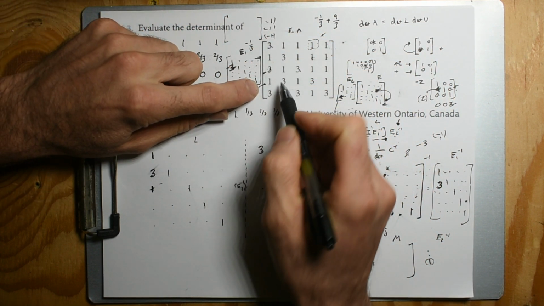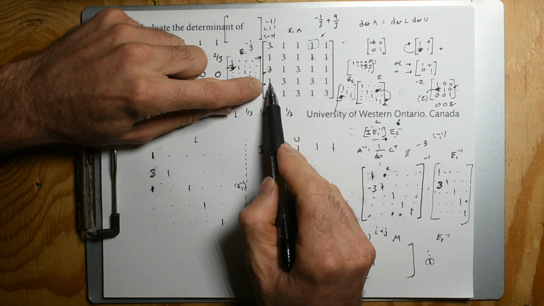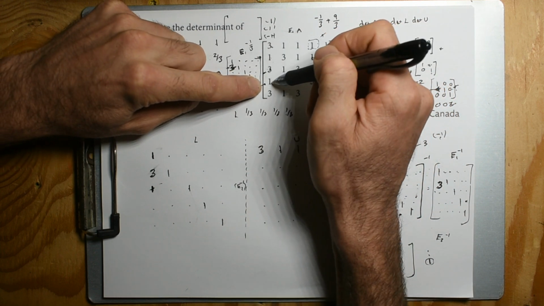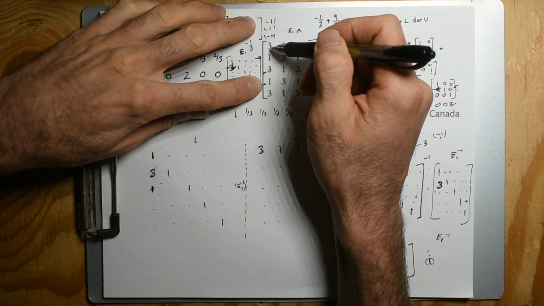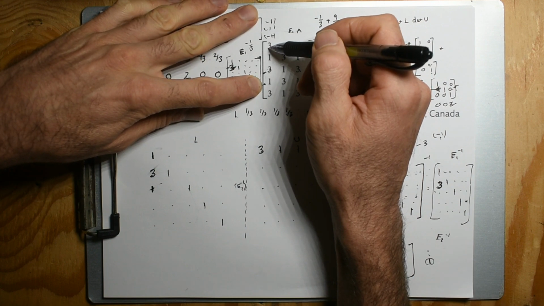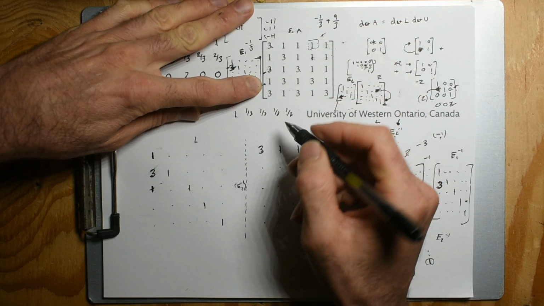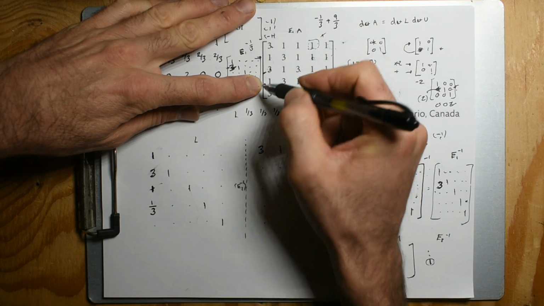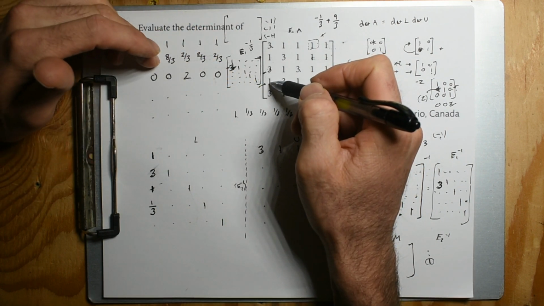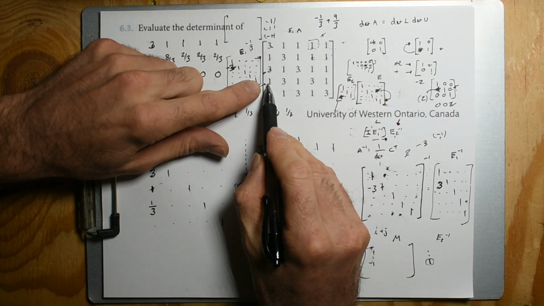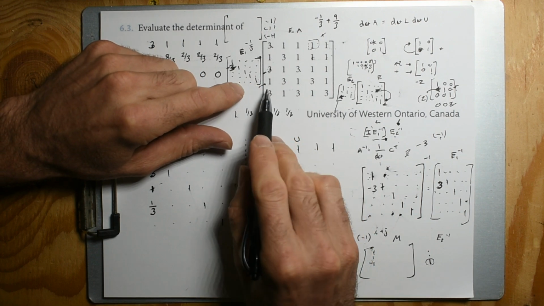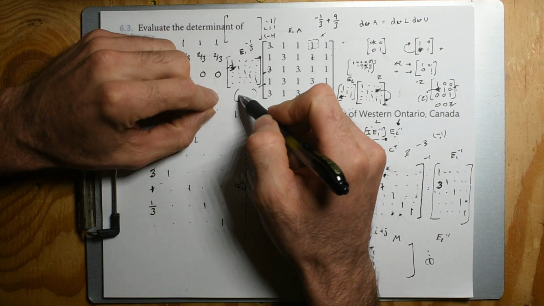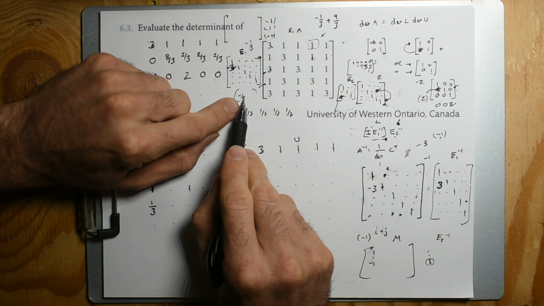Now this one, we want to know what to multiply. We have to multiply the top by a negative 1/3. And then the lower, there's going to be a positive 1/3 here. The elementary row operation is to do this and have a negative 1/3 in that starred position.